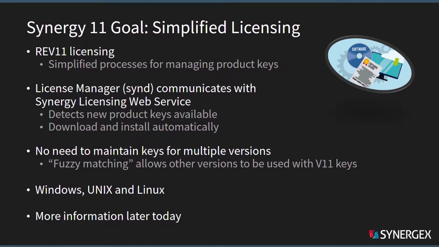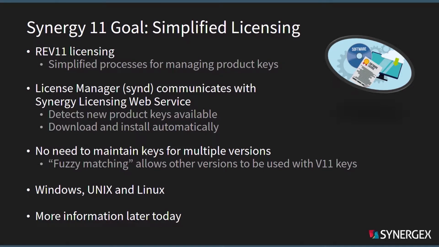There's also a whole new feature in License Manager, which is fuzzy matching. And what that's all about is essentially it's the ability to run multiple versions of the product using a single license key. So essentially, if you have a Synergy version 11 license and you have a current ALM or subscription agreement with us, then you can use that version 11 license to run any version of the Synergy products.